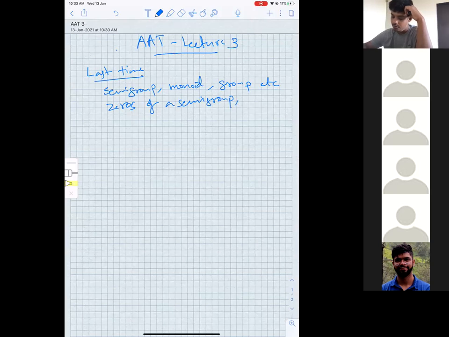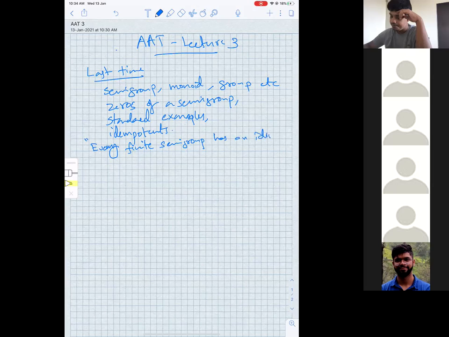Then we also saw some standard examples, and we also looked at idempotence, and this was one of the propositions we proved. Every finite semigroup has an idempotent. Okay, this is what we did last time. Now let's continue.